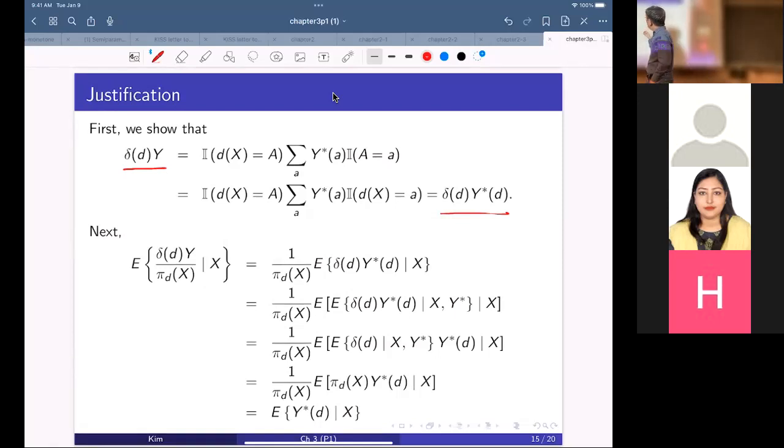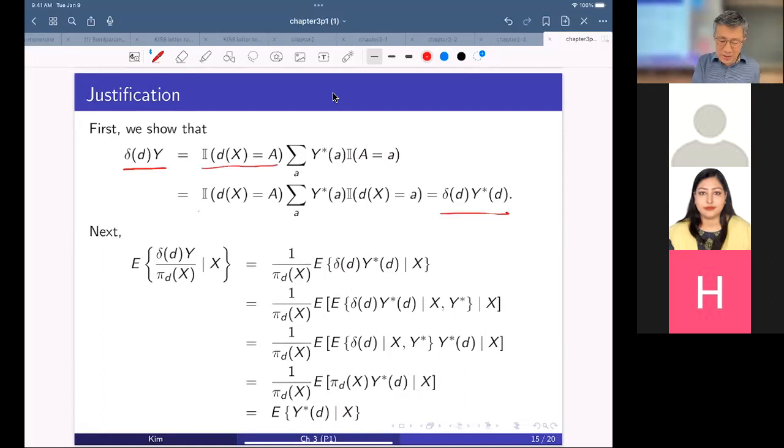So delta D is by definition the indicator of this event, and Y is the observed Y. So this is a linear combination of the counterfactual outcome, and then these two, right? That means if this is 0, then we don't care.